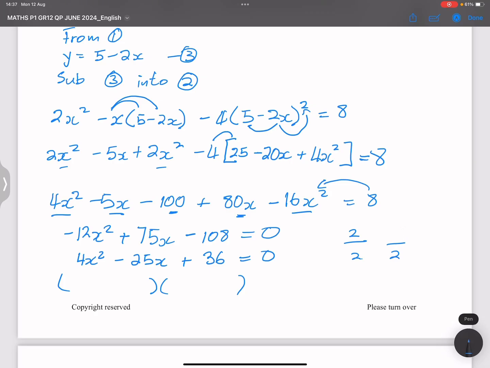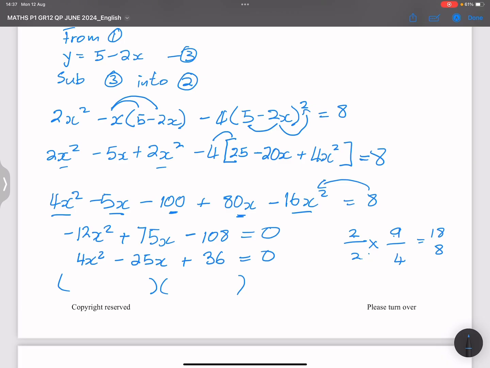Now let's say 9 and 4 instead. If I say 9 times 2, that gives me 18. And if I say 2 times 4, that gives me 8. If I add those two, nope, I still don't get 25.